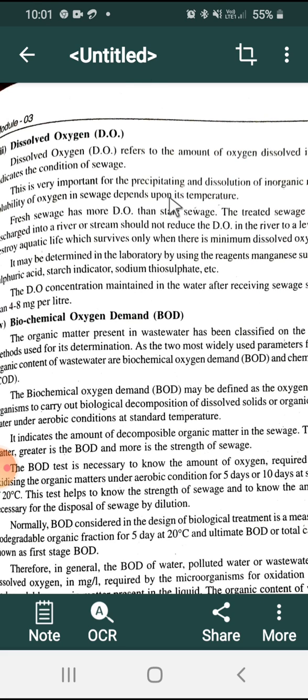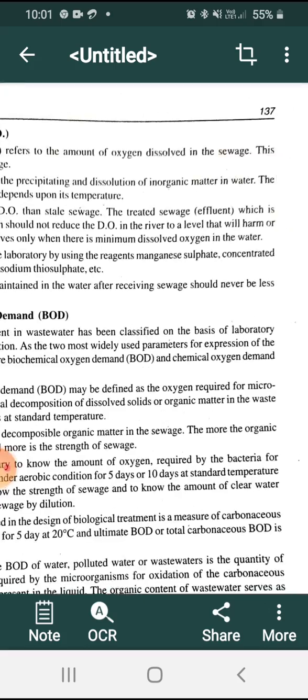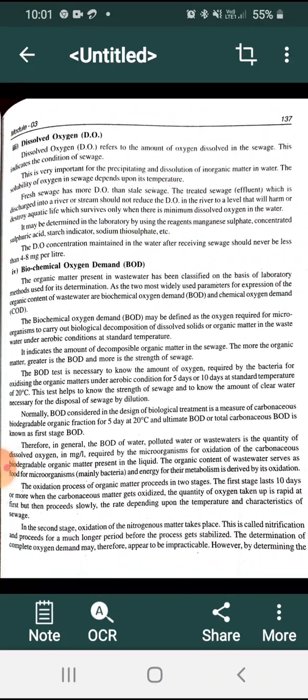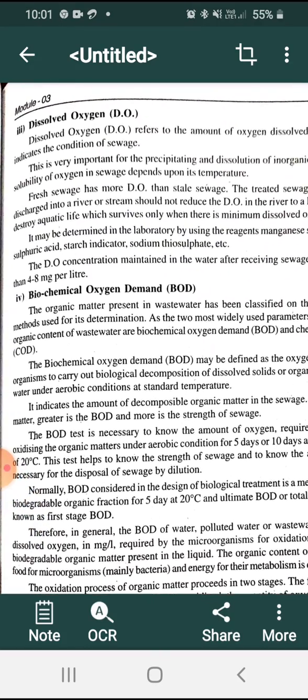This is dissolved oxygen. It refers to the amount of oxygen dissolved in sewage, which indicates the condition of sewage. The DO is one of the very important parameters in the analysis of sewage.